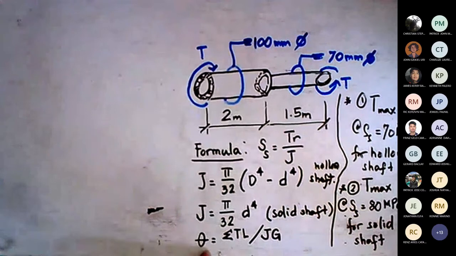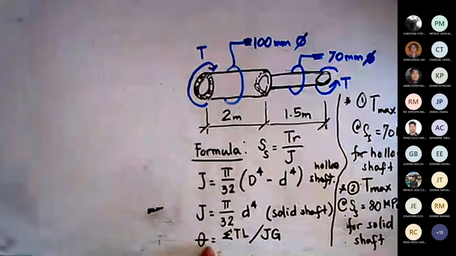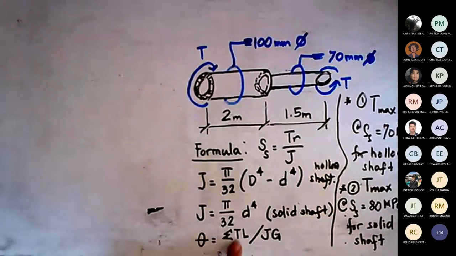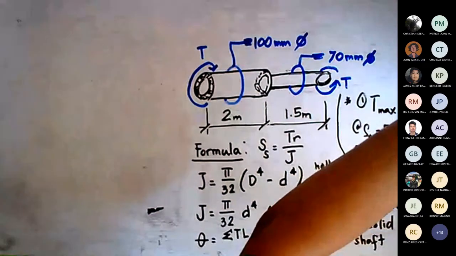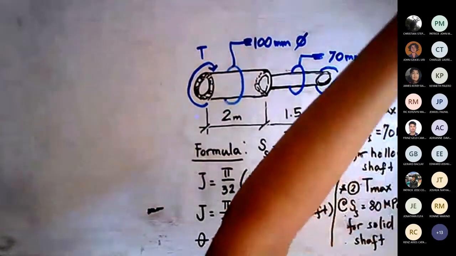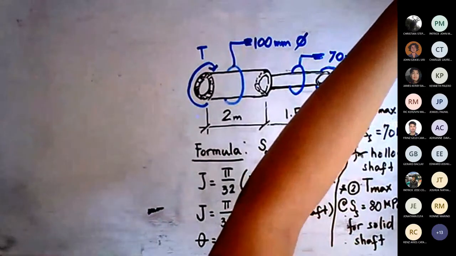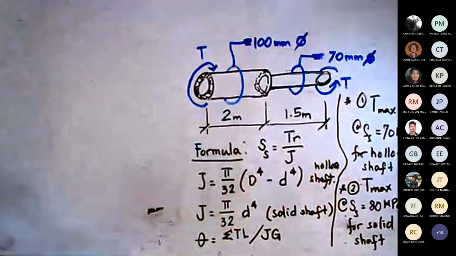Okay? And then this one is the formula for the angle of twist. The summation of TL over JG, wherein T is the torque, L is the length, J is the polar moment of inertia, and G is the shear modulus. According to the problem, given naman yung shear modulus.